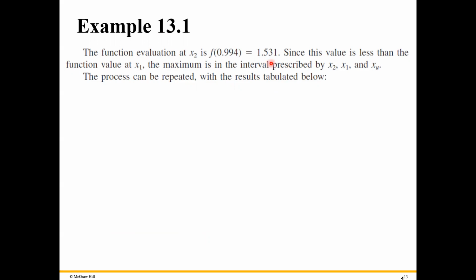In this case, 1.531 is the value which is less than the function at x1. So the maximum is in the interval defined by x2, x1, and xu. Because you can see that now the value is 1.531, which is the value at x2, and we will compare it with the value at x1.